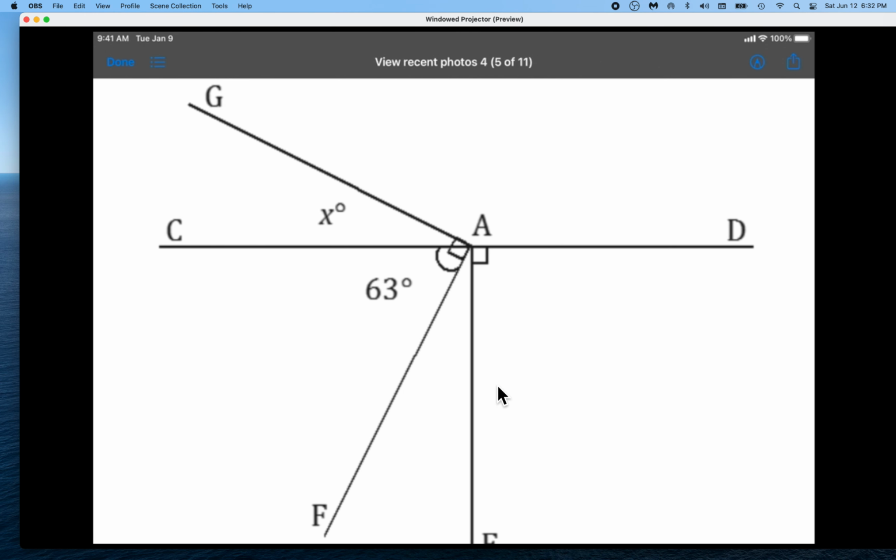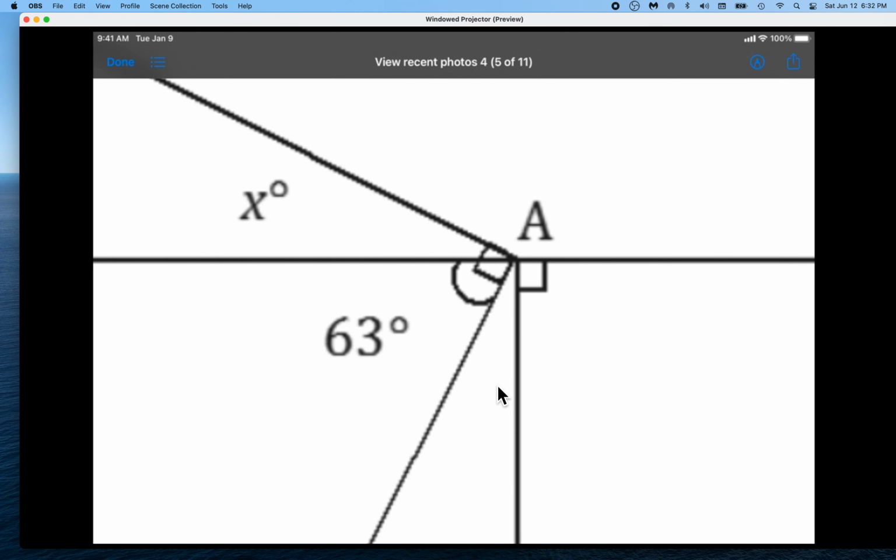Next one. Again, we have this complicated construct here. Okay, this is a time to be very careful and recognize that this 63 is only from here to here, and this 90 is from here to here. Let me give you some colors. I apologize.